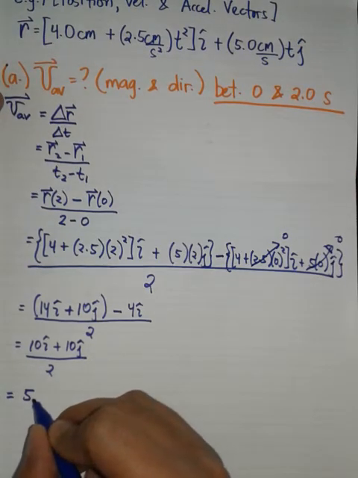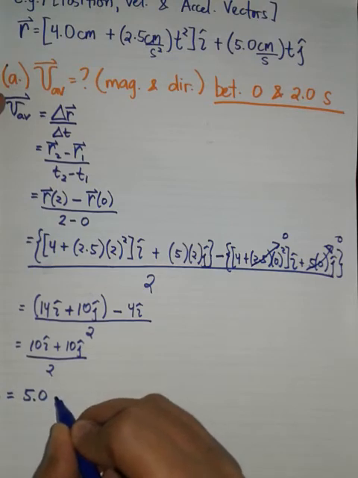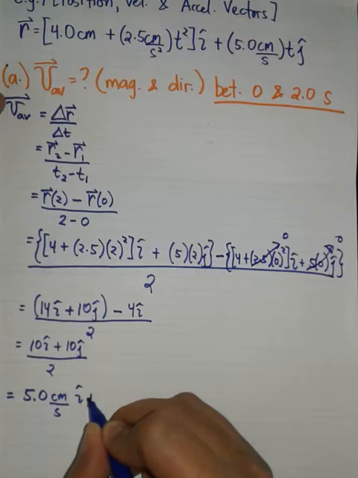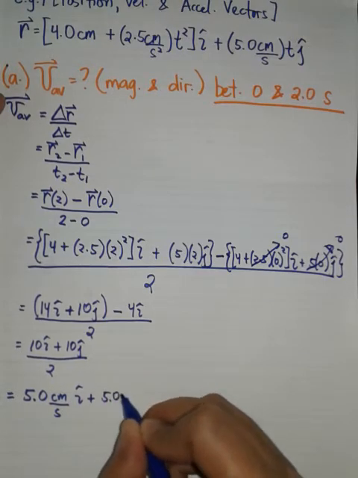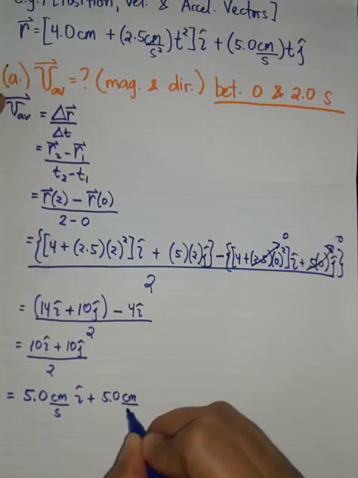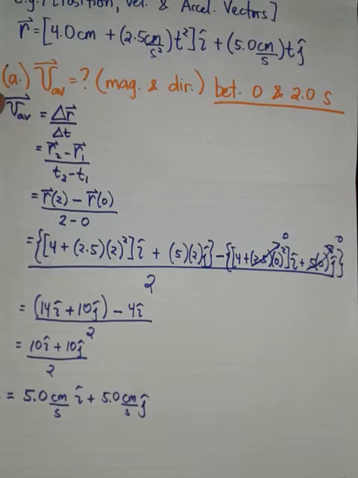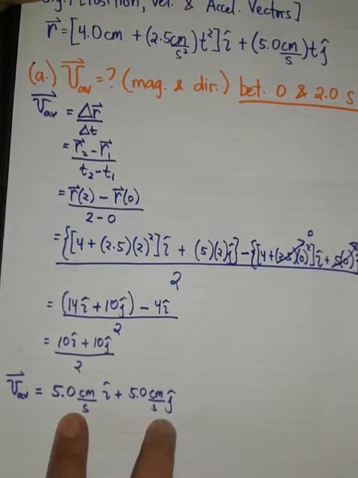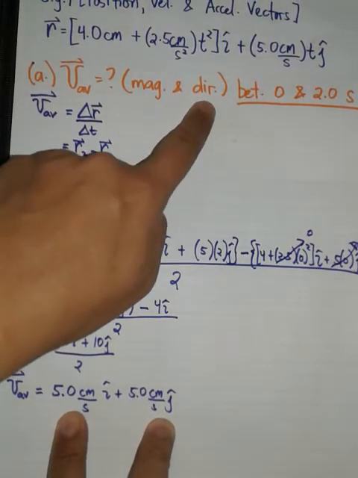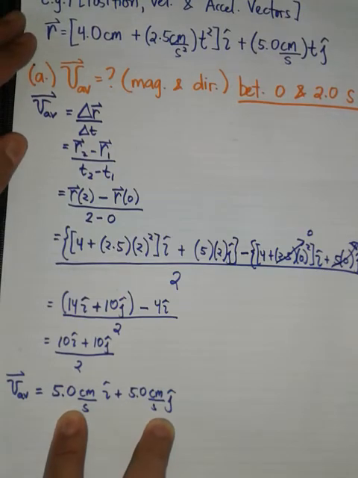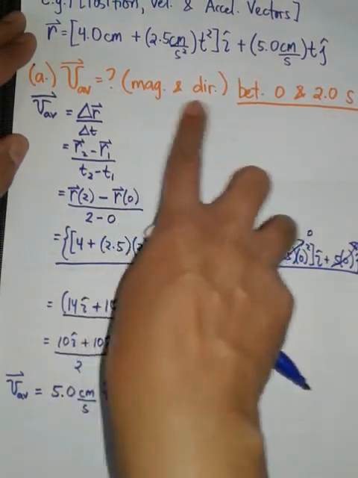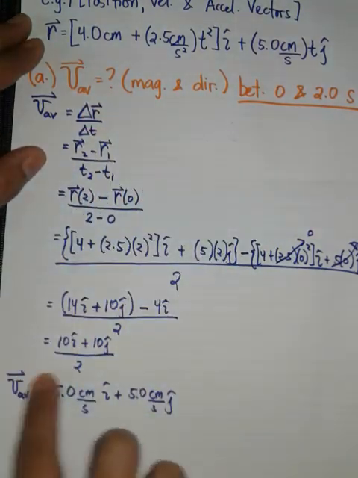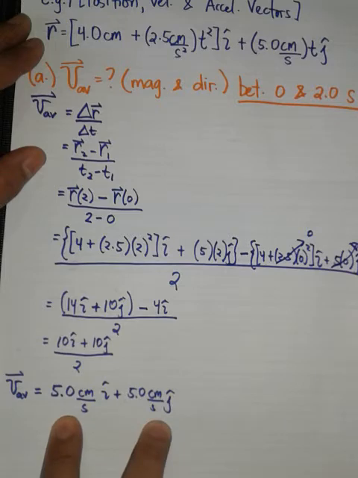So I'll say this is 5.0 centimeters per second i hat plus 5.0 centimeters per second j hat. This is not the final answer yet because the question asks for magnitude and direction. Pero kung ang question lang, kung hindi hiningi si magnitude direction, sinabi lang find the average velocity, then this can be declared as the final answer in terms of components.